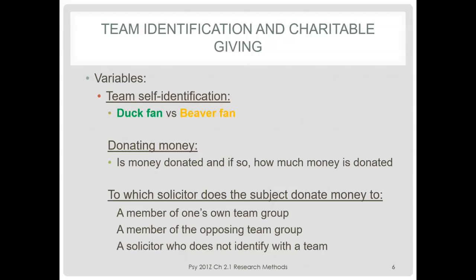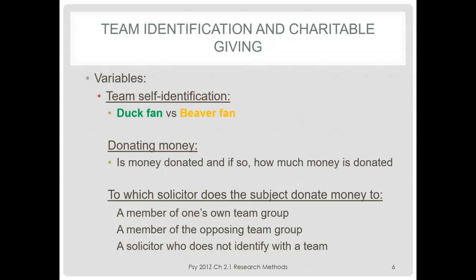So for this study, we're going to use Ducks and Beaver fans. So the variables in this study is team self-identification. Easy to measure. You just ask the person, are you a Duck fan or a Beaver fan? Second variable, donating money. Does that subject donate money? And if so, how much money do they donate?